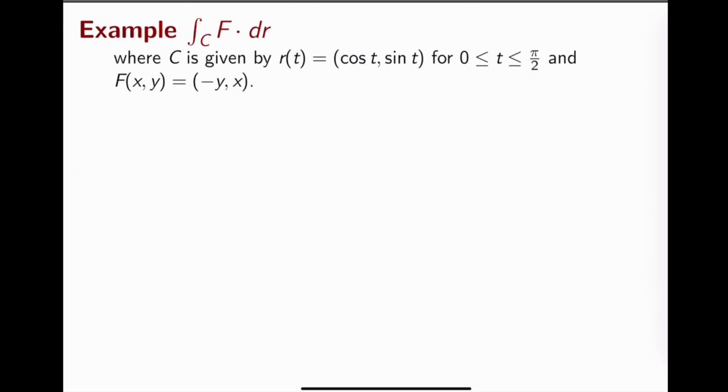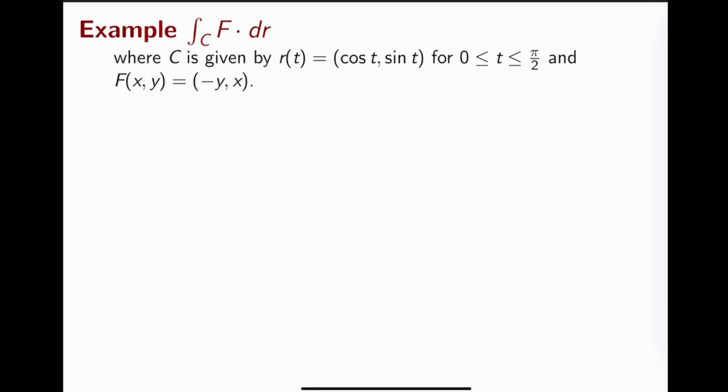So for instance, let's calculate this integral here. So this integral is the integral of now a vector field, right, that has these two components, and this is the curve. Well, as before, we are going to need to evaluate the function at the curve.